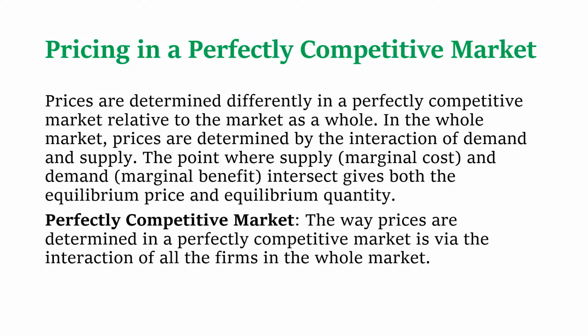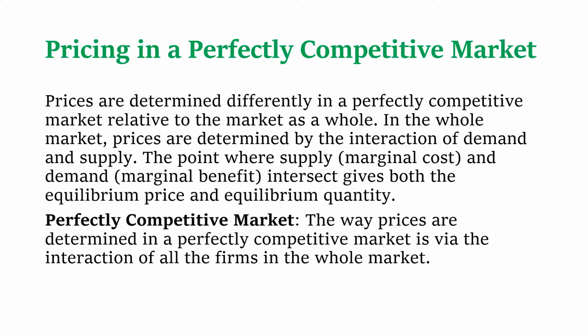So as a matter of fact, the industry makes the price that the perfectly competitive firm uses to sell its products. The way prices are determined in a perfectly competitive market is through the interaction of all the firms in the market.